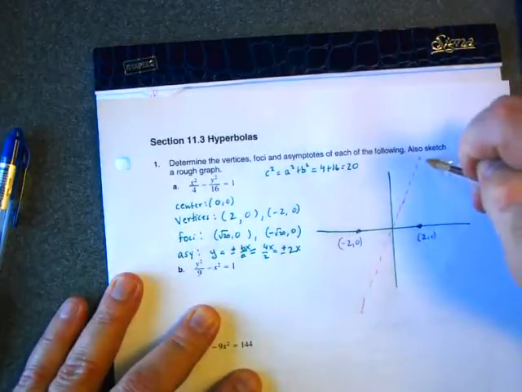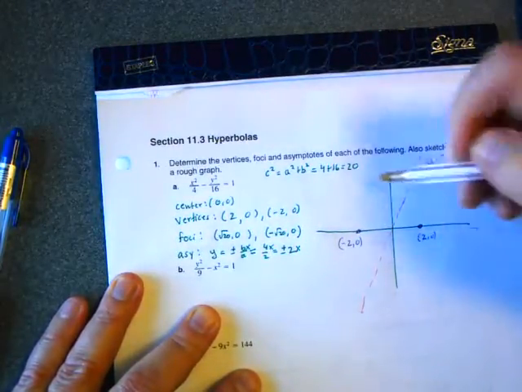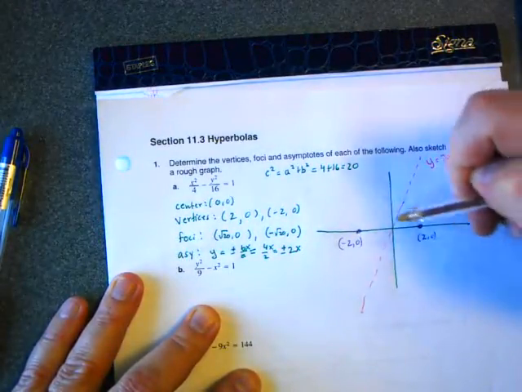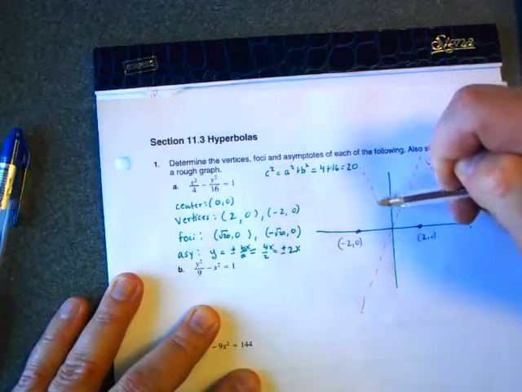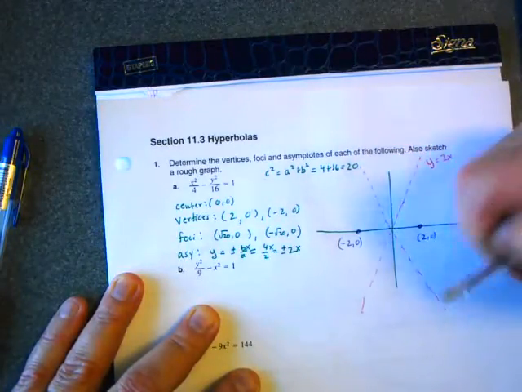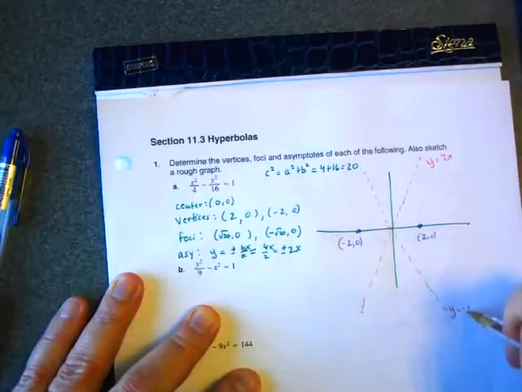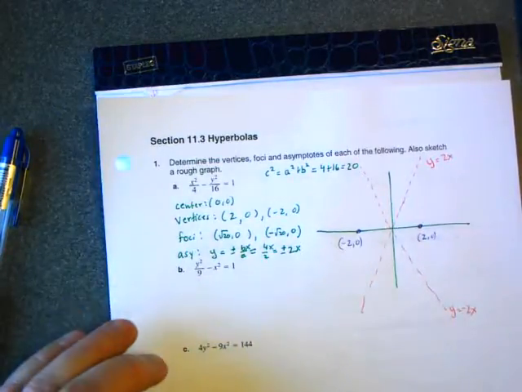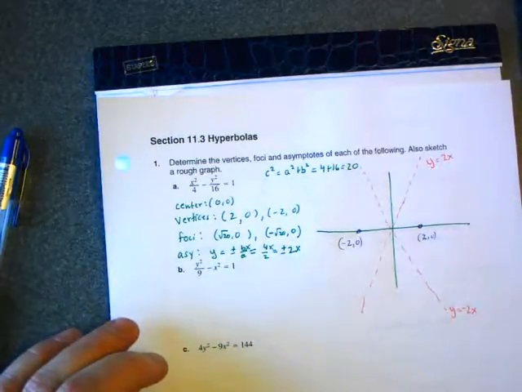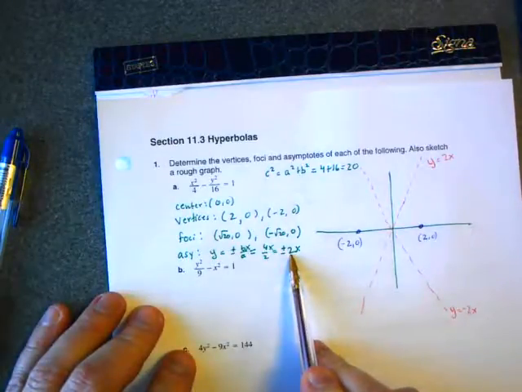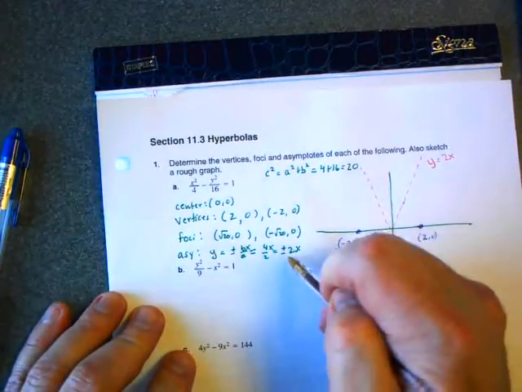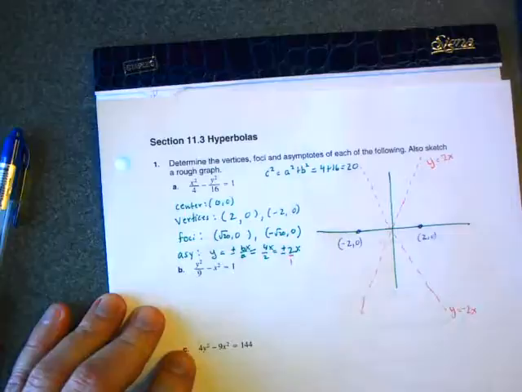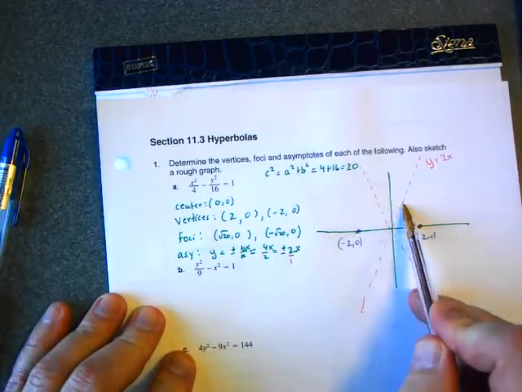So this is y equals 2x, and then y equals negative 2x would be this way. Because my slope is 2, I thought of 2 as being 2 over 1. So it tells me to go up 2 over 1. Up 2 over 1.